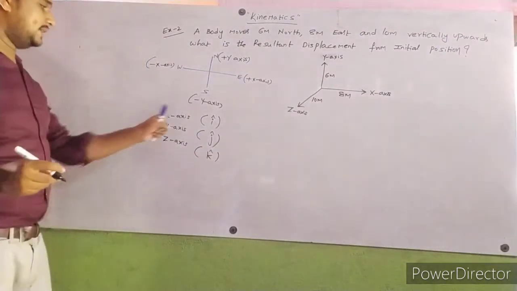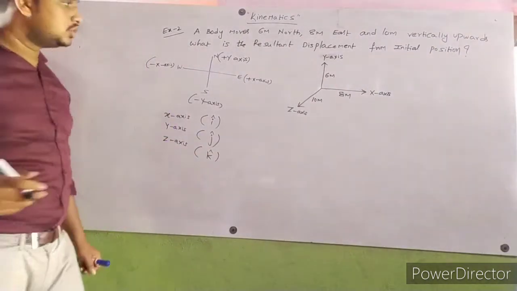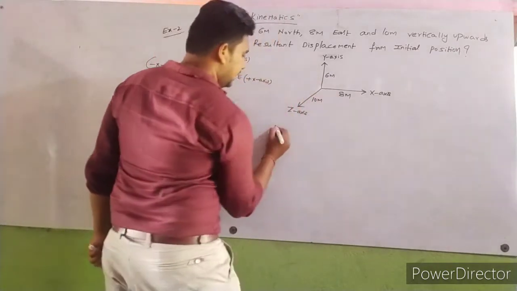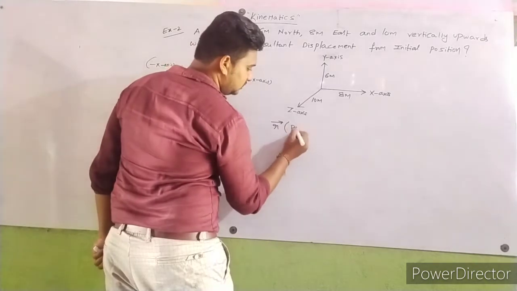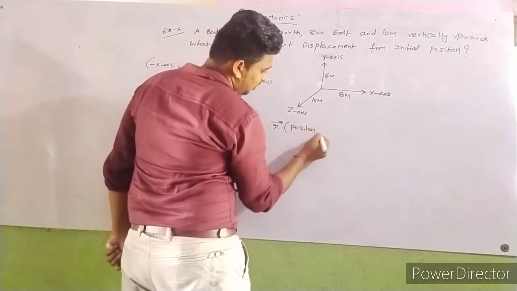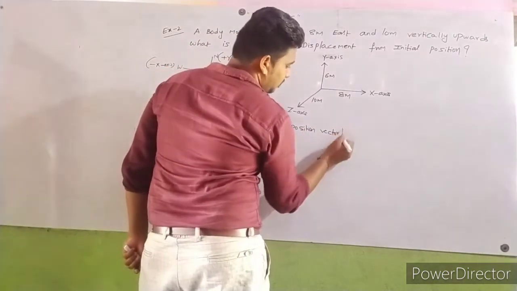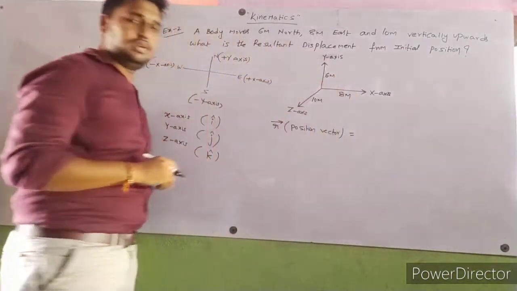Now, before finding the resultant displacement, this is called the position vector r bar.